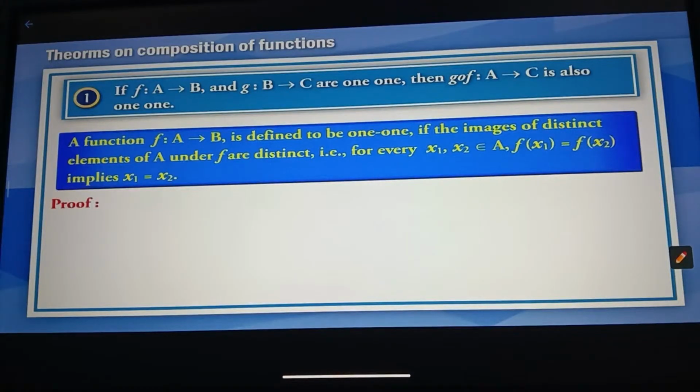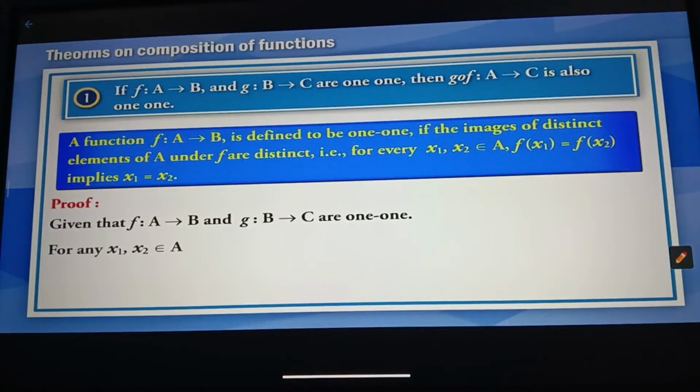We are given that functions f and g are 1-1. This implies that for any arbitrary elements x1 and x2 belonging to set A, if we have f(x1) is equal to f(x2), then x1 is equal to x2.